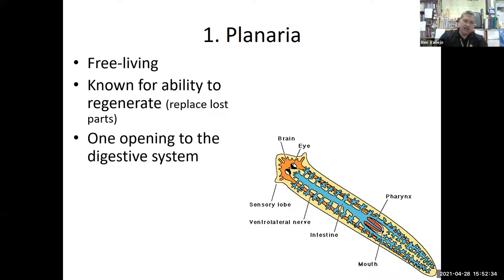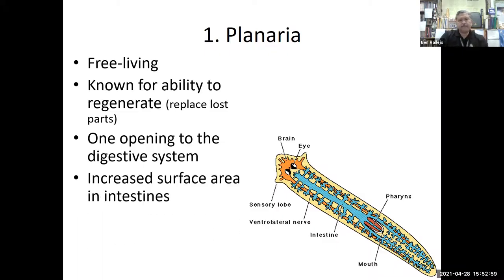If you take a look at this drawing, there's only one opening to the digestive system, and it's right here at the end of this muscular pharynx. It's like a little hose that has a mouth at the end. Well, that is not advantageous because the food goes in and then the waste products go out the same opening.